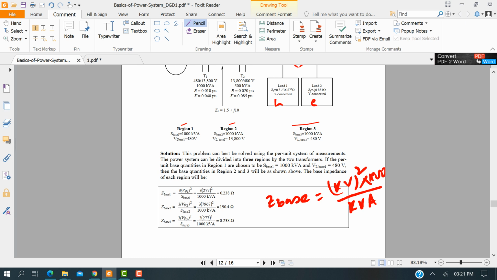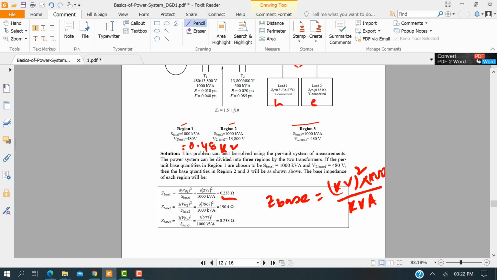So kV squared here is 0.48 kV squared, times 1000, and then the kVA value is 1000. If I put in this value, you will get this one.